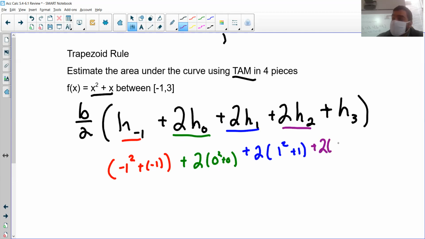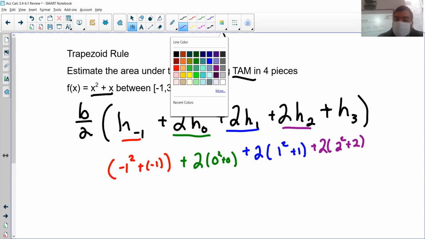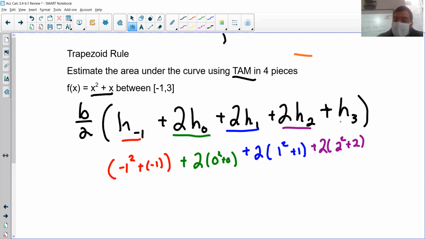Two times, if I plug in 2 to the equation, 2 squared plus 2. And then the last one, because it's the endpoint, you only do one of them. So no doubling it. It's just 3 squared plus 3.